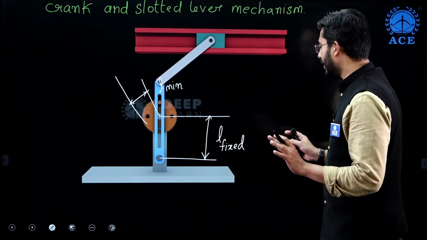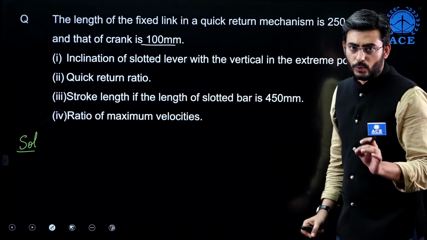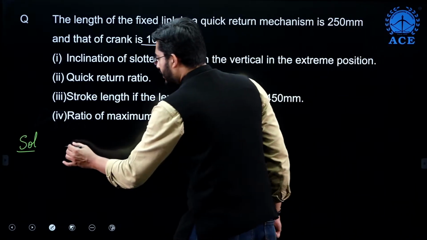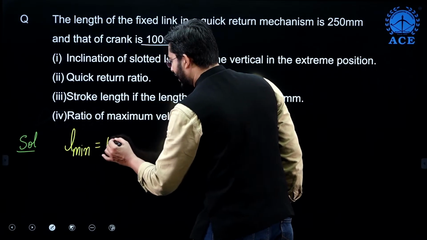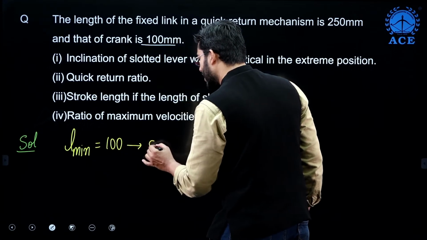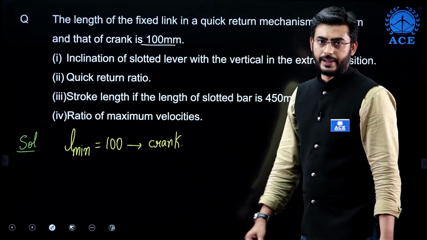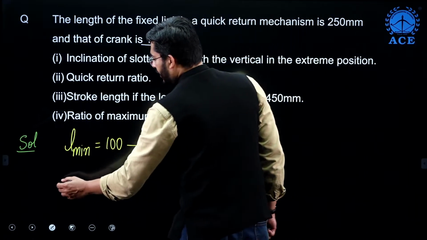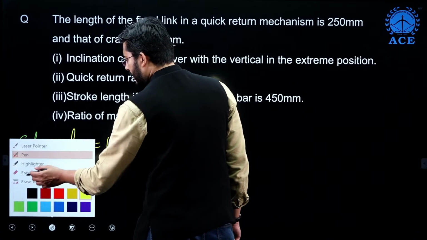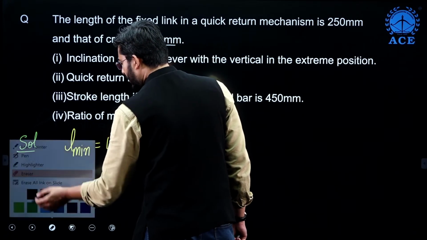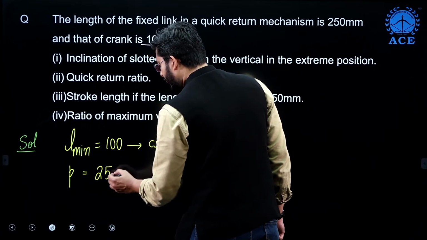So by any chance we cannot say it is a Whitworth mechanism, because here L minimum is equal to 100 mm, and this is definitely a crank. The fixed link could be L maximum or it could be anything. Let us not say this is L maximum; it could be P or Q, which is equal to 250 mm.